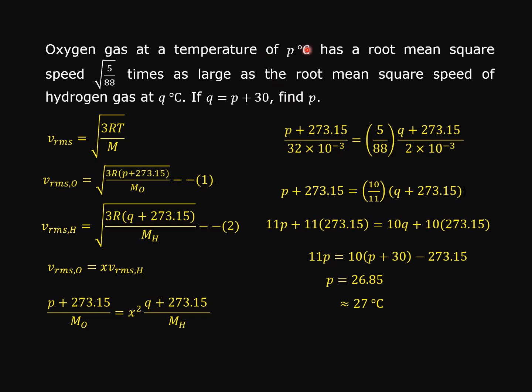And for the temperature of the hydrogen gas, it is 27 plus 30, which is 57 degrees C. So when these two gases take the temperatures of these two values, 27 degrees C and 57 degrees C respectively, the VRMS of the oxygen would be equal to x times the VRMS of the hydrogen gas, where x takes the value of the square root of 5 over 88.